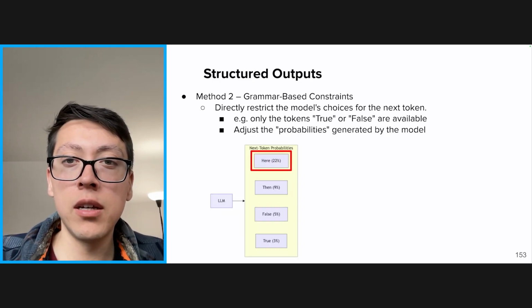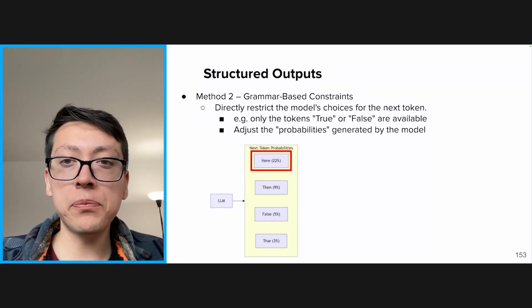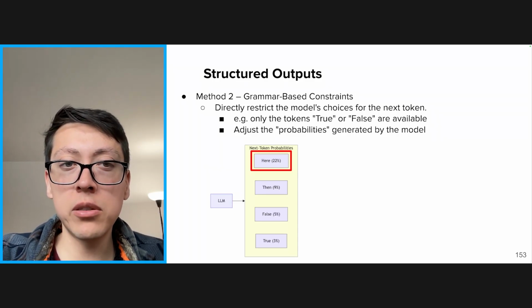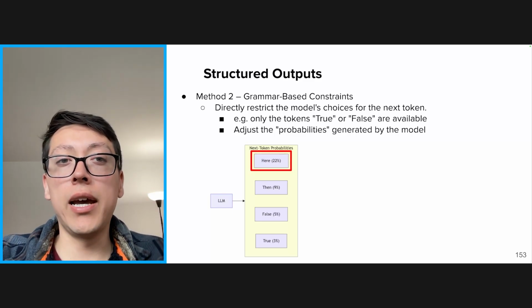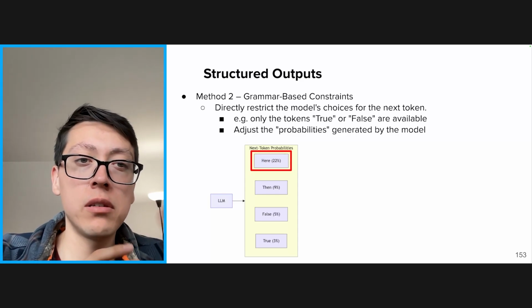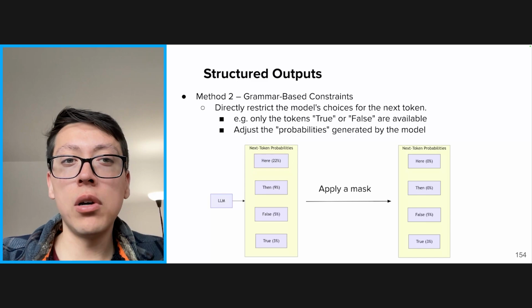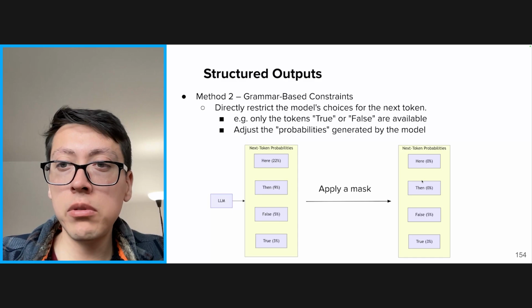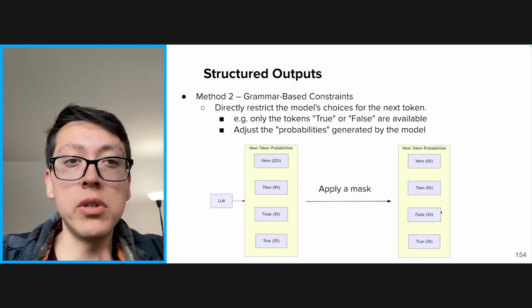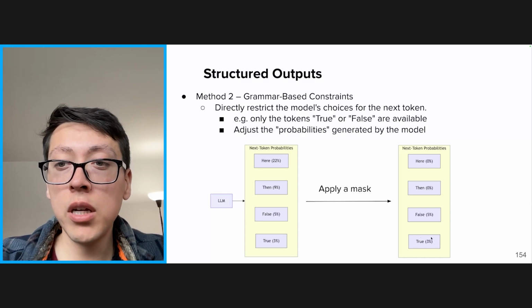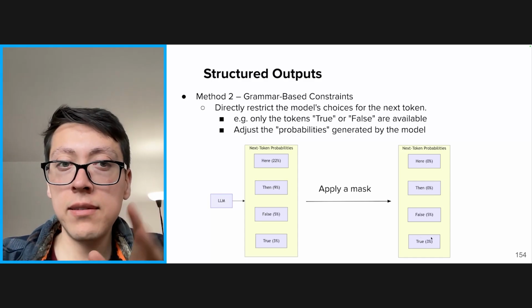So here, for example, we have an LLM, and we know that LLMs produce probabilities for the next token. Let's say the next token here has a probability of 22%. What we can do is apply a mask and put all the other tokens at 0, and only leave the probabilities of the tokens that we want to see in the answer. For the two tokens, false and true, we leave the probabilities as is.